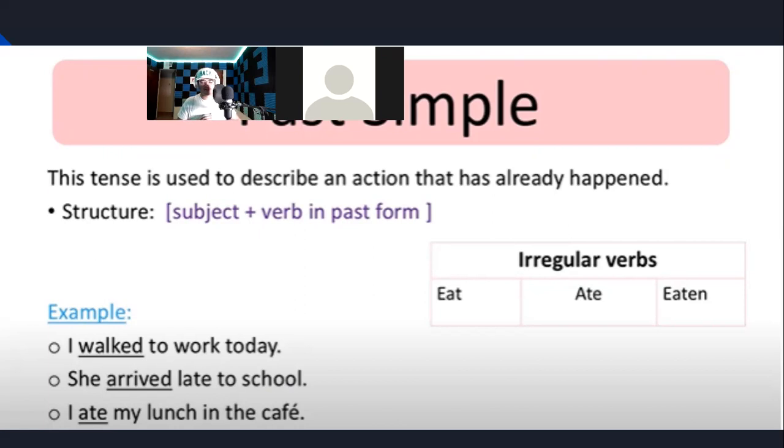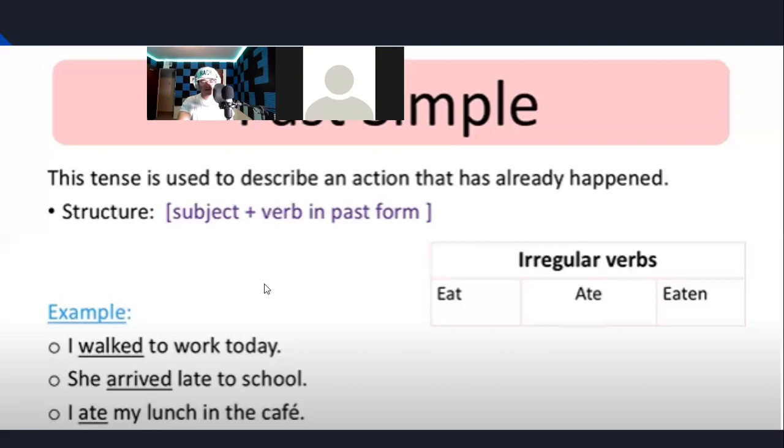Irregular verbs like eat have a different past and a different past participle, which in this case is eaten. And the simple past is ate, right? But this is an irregular verb. And you mix this formula.